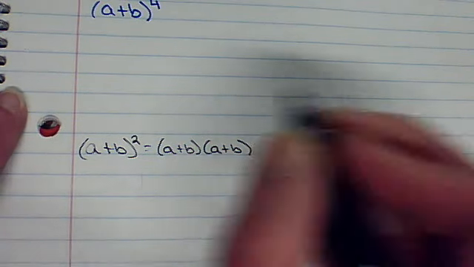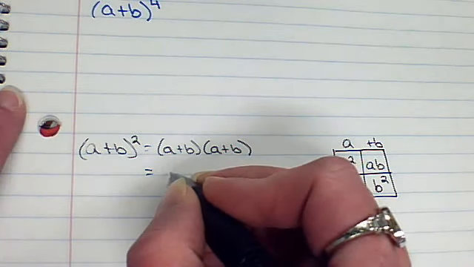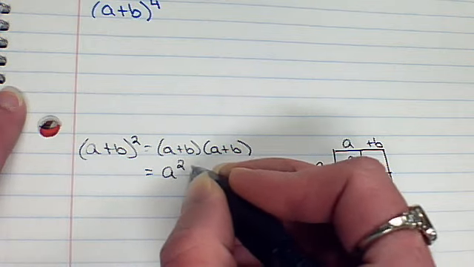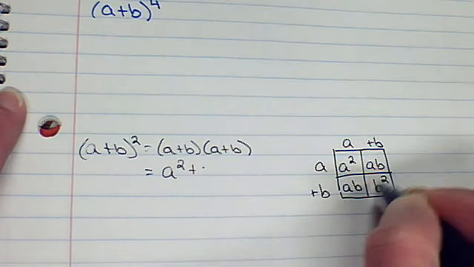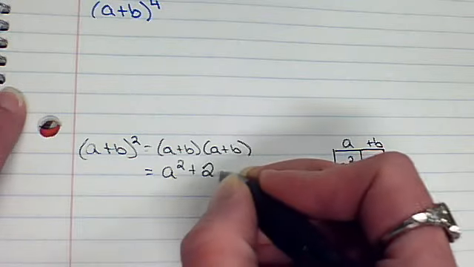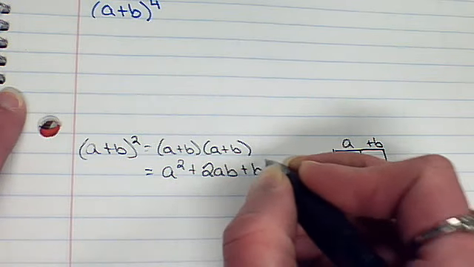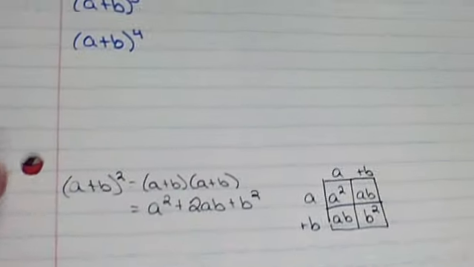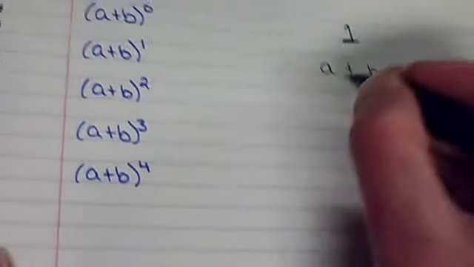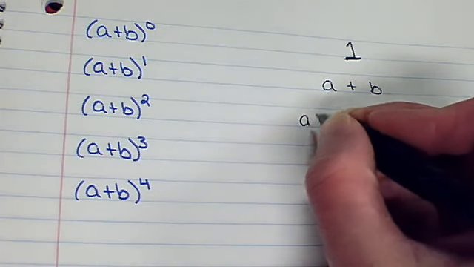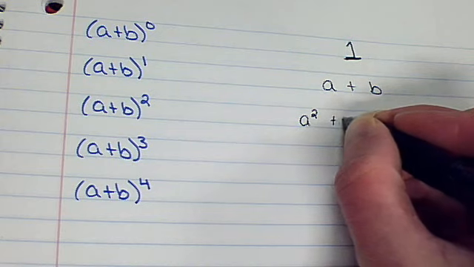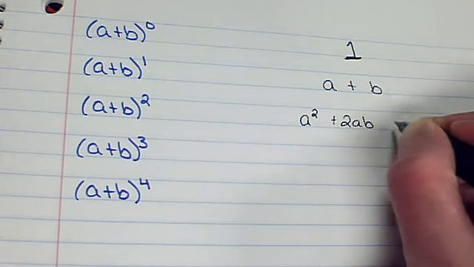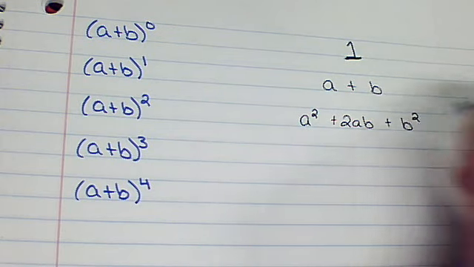This is a pattern you would do well to memorize throughout Algebra 2. That's a squared. We have two of these, 2ab plus b squared. That pattern needs to be memorized. So I'm going to fill in my little chart here. That's going to be a squared plus 2ab plus b squared.